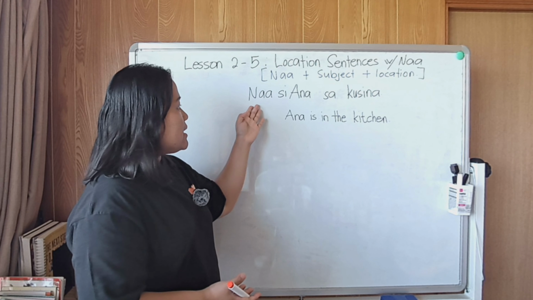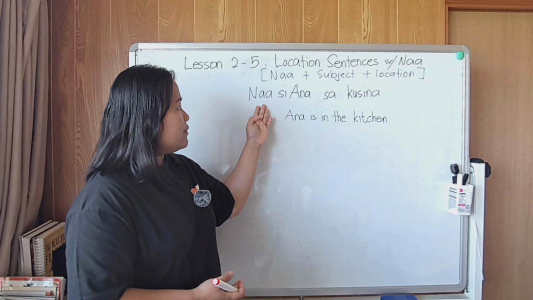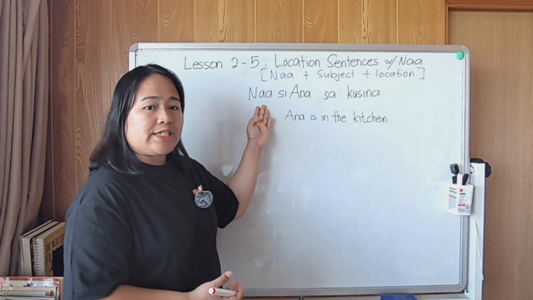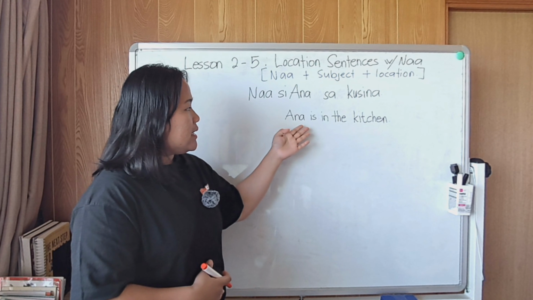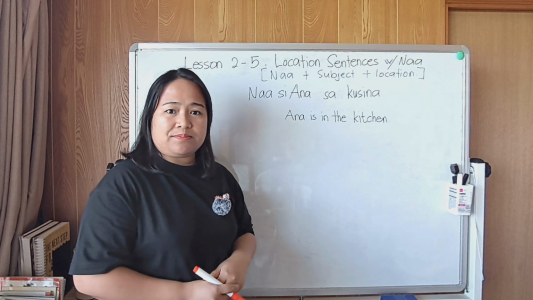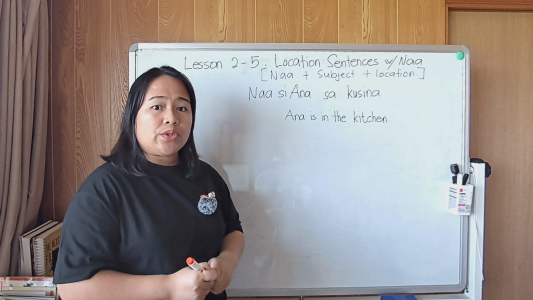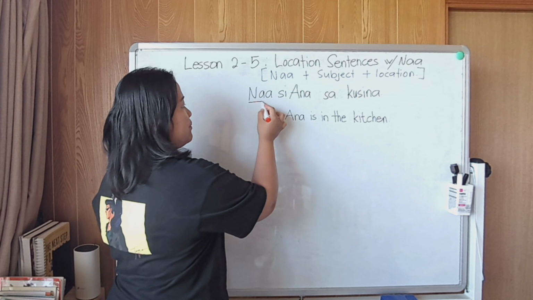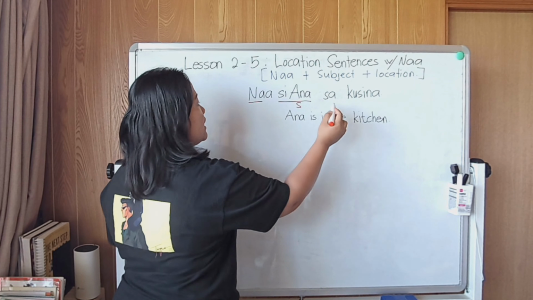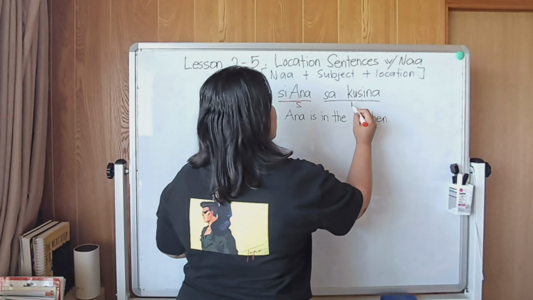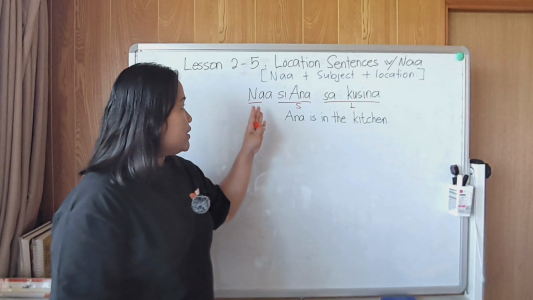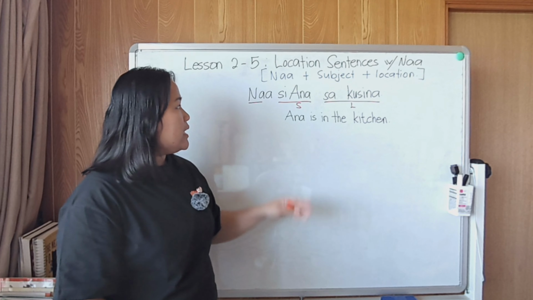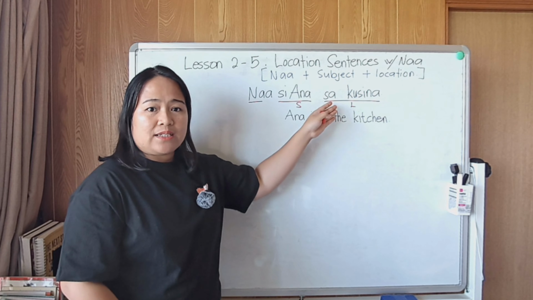So, naa si Ana sa kusina. The natural English translation is Ana is in the kitchen. So the Cebuano order is naa, the subject, and the location. So naa subject location. Naa si Ana sa kusina.